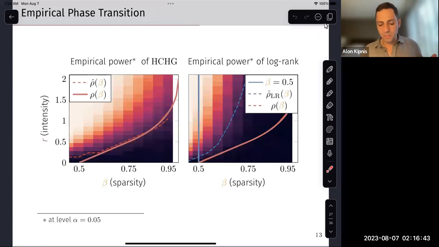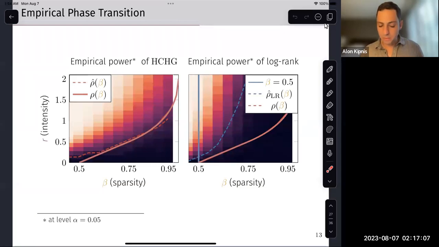You can also see things empirically when you apply this exponential decay model. So you see that here on the left side, for HCHG, it looks like the empirical phase transition curve agrees with the theoretical one. For the log rank test, it actually has some power beyond the phase transition curve.